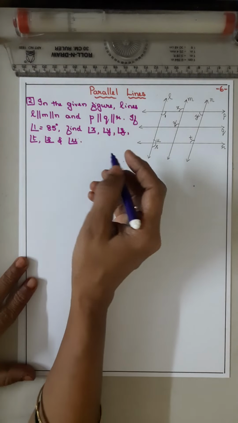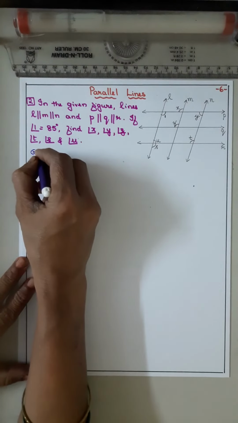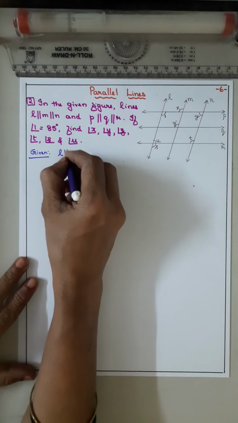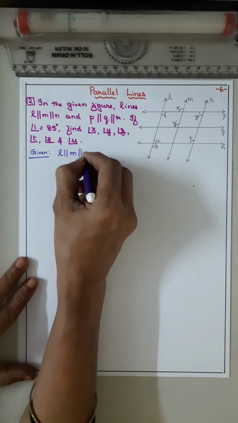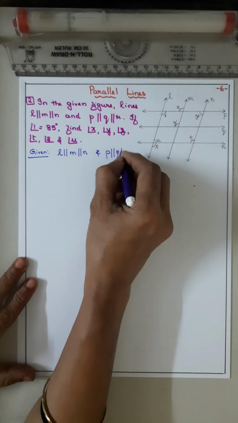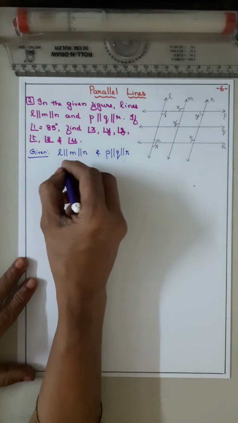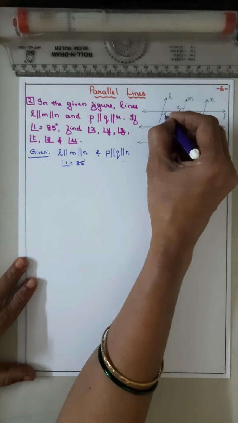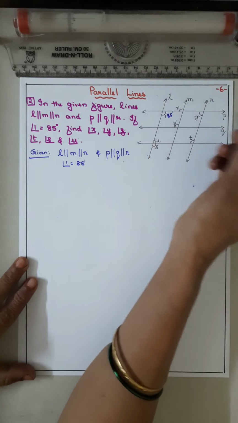First we will write the given: L parallel to M parallel to N and P parallel to Q parallel to R, and angle 1 is equal to 85 degrees. This angle they have given as 85 degrees.